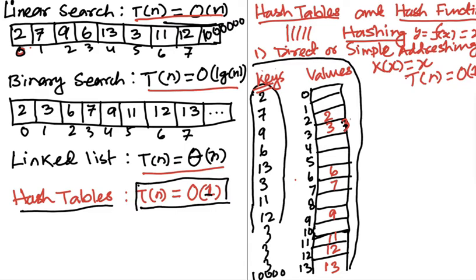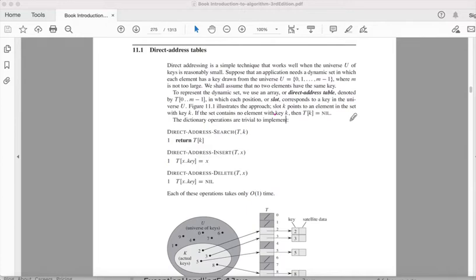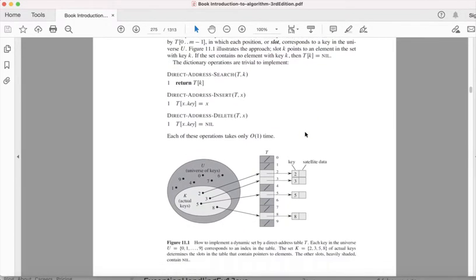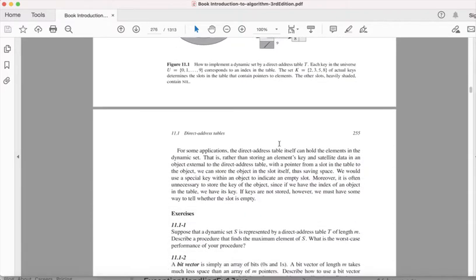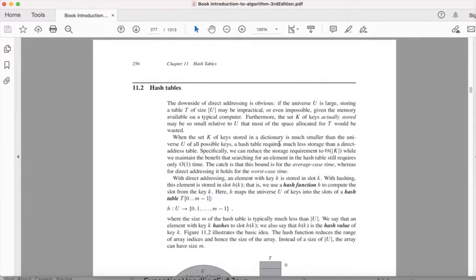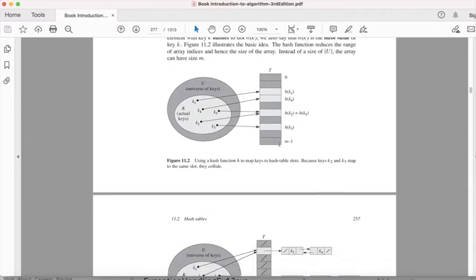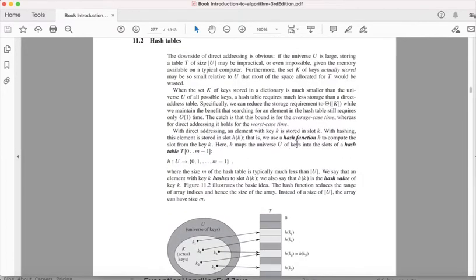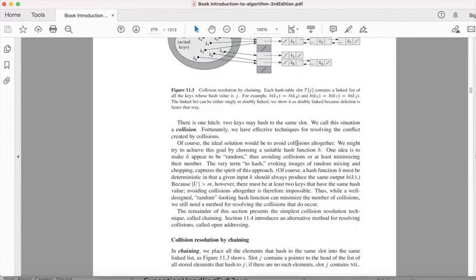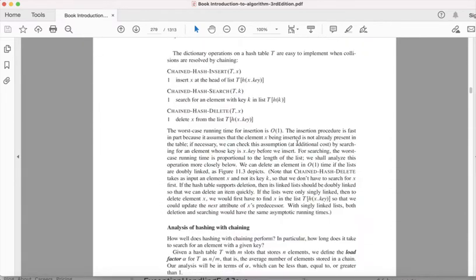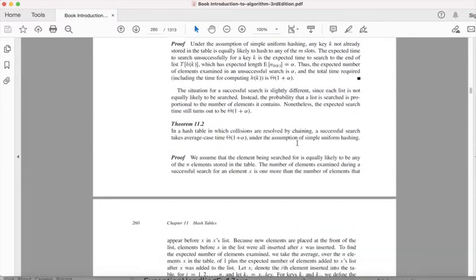So let us go to the book and see that there are other addressing processes to make our table. Let us see what we have here in the book, then I can discuss.